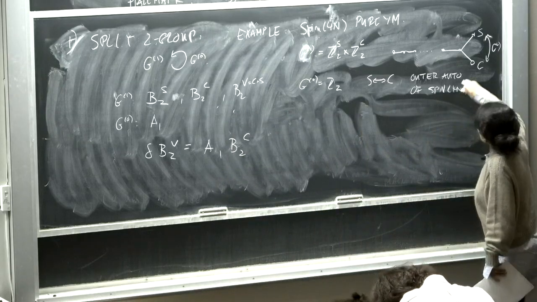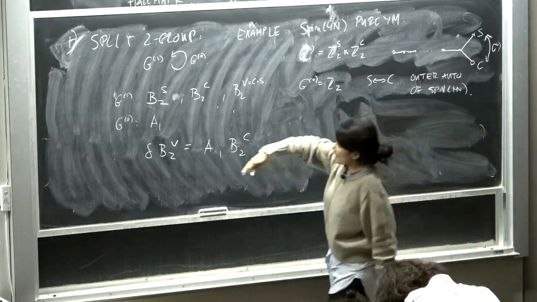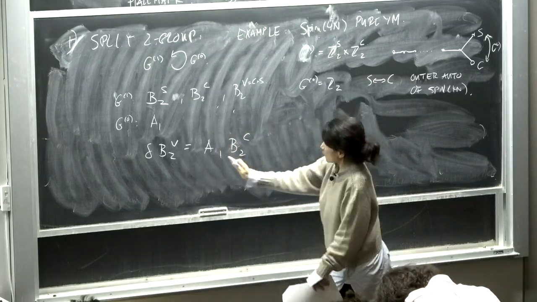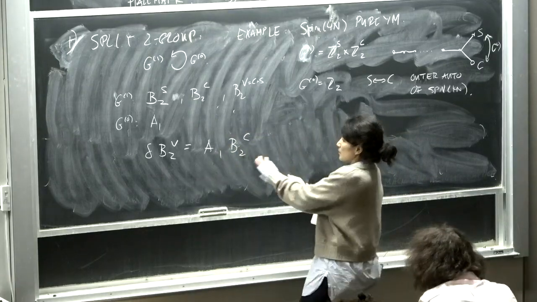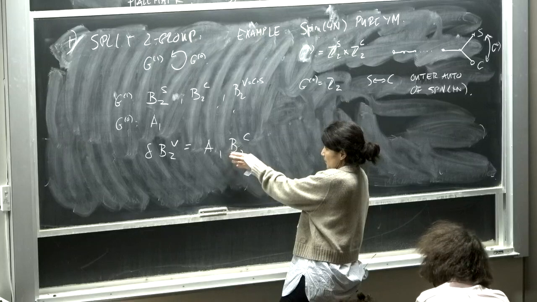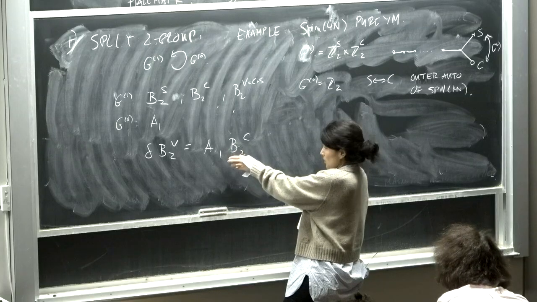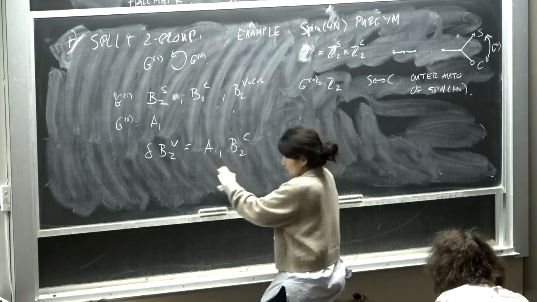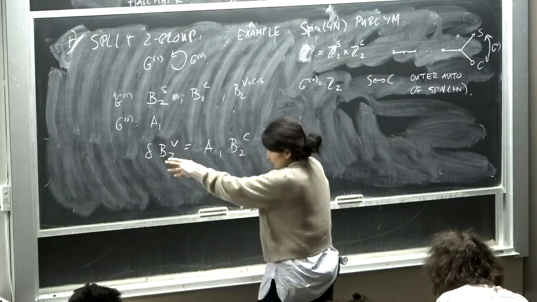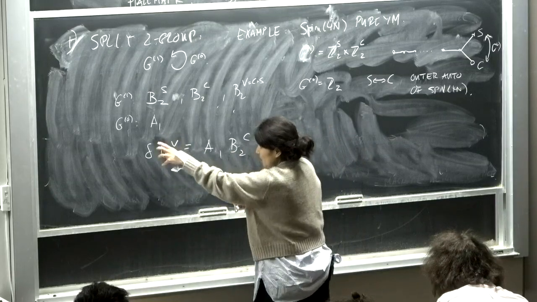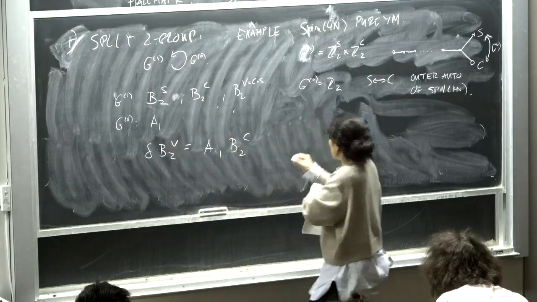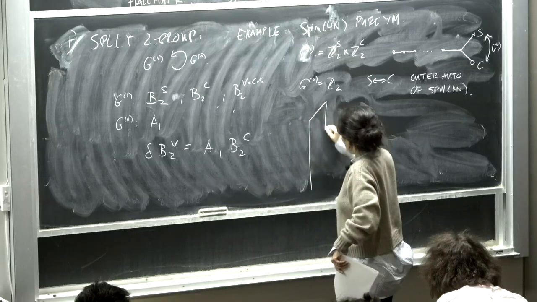And that's saying, as I pass through this codimension 1 defect, with a codimension 2 defect B2V, for example, I emit a B2C. So it's like this kind of picture.